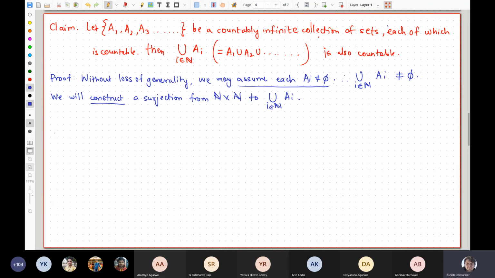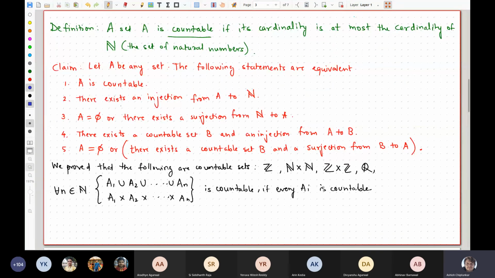So how do we construct? What do we know? Since each A_i is countable and non-empty, what do we use? Each A_i, we now use the fact that the first statement implies the third statement.